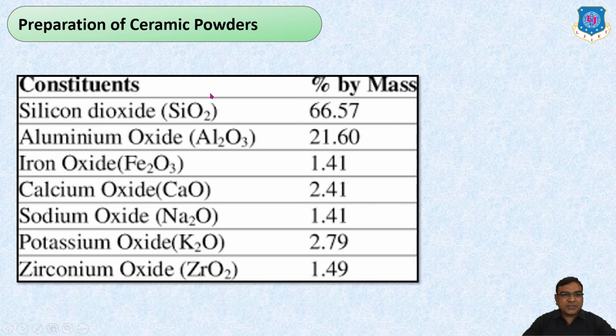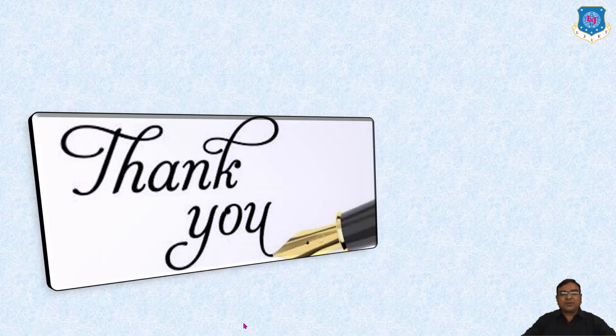These are the constituents which are present in ceramic powder, percentage by mass: silicon dioxide 66.57%, aluminum oxide, iron oxide, calcium oxide, sodium oxide, potassium oxide, and zirconium oxide. So these are the percentages of constituents in ceramic powders. Thank you very much for watching this.